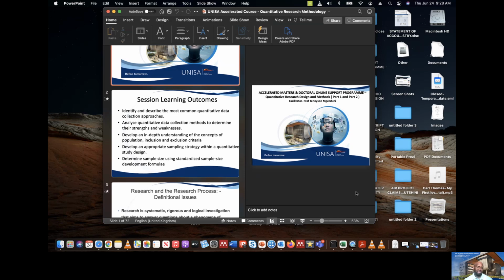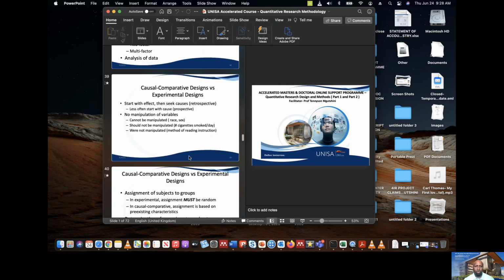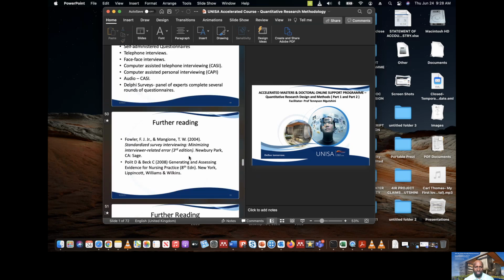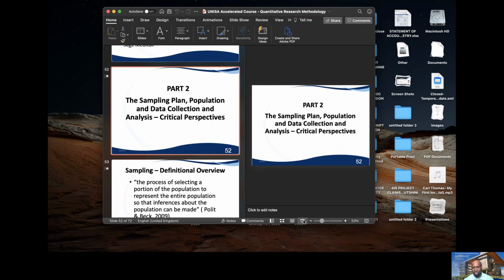And then it also looked at survey as a method of data collection. Finally, the last part, which is what you will have now for the next 40 minutes or so, looks at the whole process of sampling and setting up a sampling strategy for your study. So I will quickly page through to that section and trust that this is what you will be seeing.